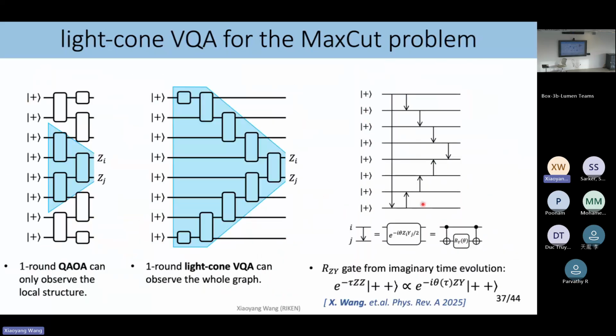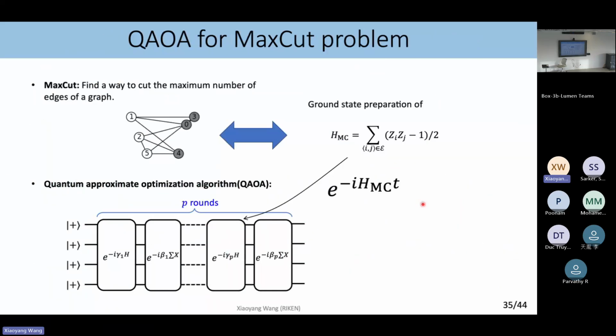The input is the Hamiltonian, for example, a graph like this. We just apply a ZY gate to each edge. We just transform this graph into a directed one. The initial state is the plus state, the same as QAOA.